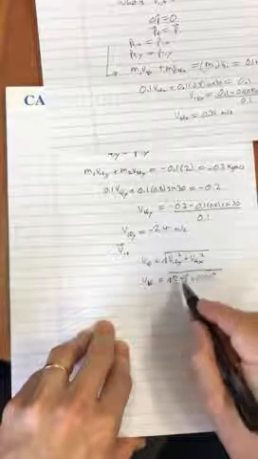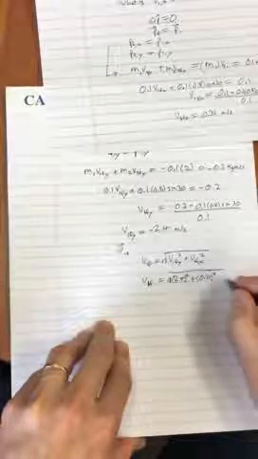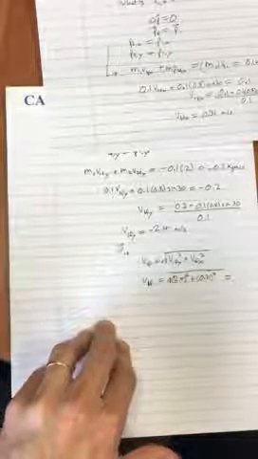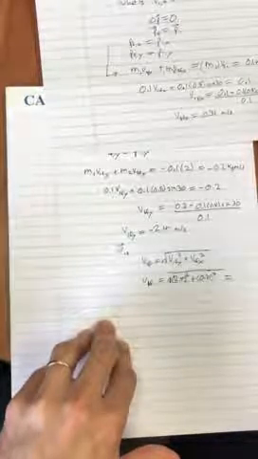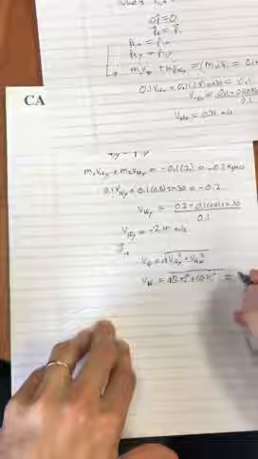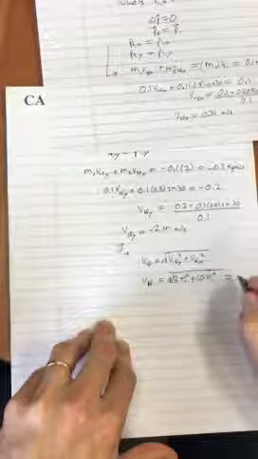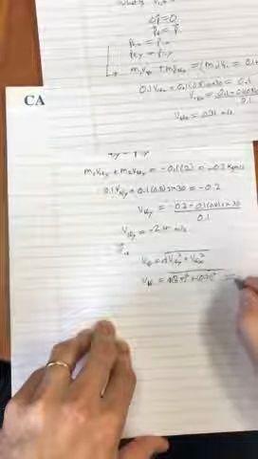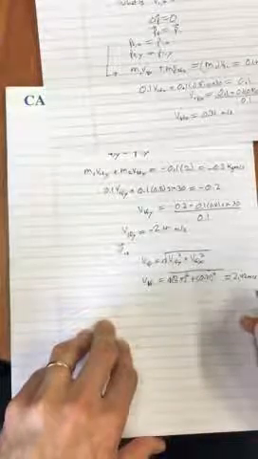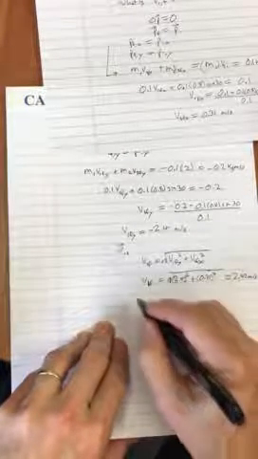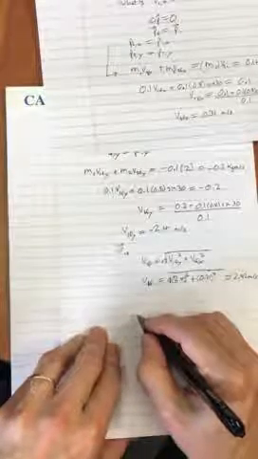The minus here doesn't matter, it's getting squared, so it becomes a positive number anyway. So that gives me, slightly, it's mostly in the minus y direction, 2.42 meters per second.